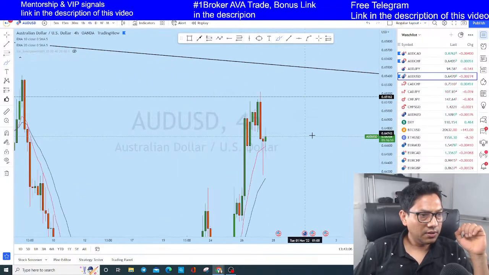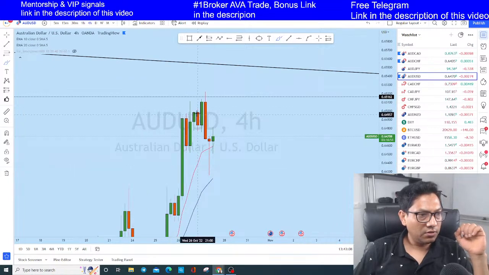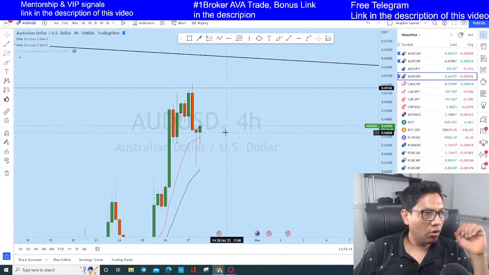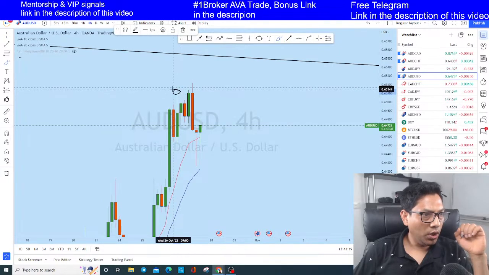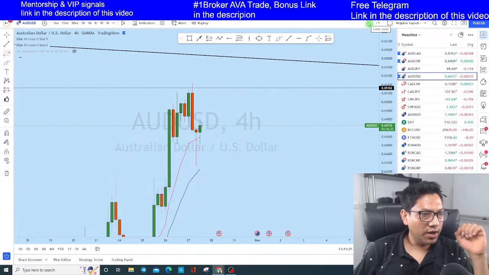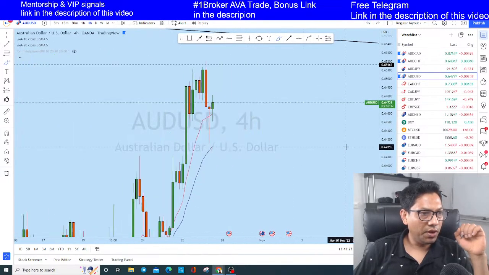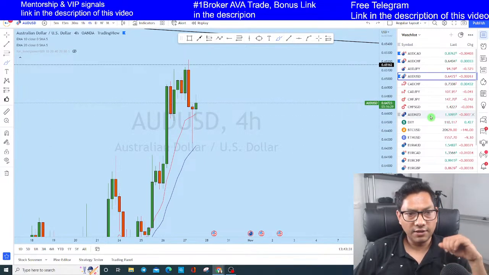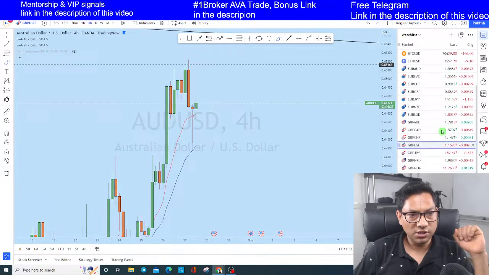It's possible that this price action comes down, or it is possible for this price to create a wing like that here, and then completing this head and shoulder and then coming back down. So look at how it is doing. But for me, AUDUSD is set for a drop, and I think it will drop in this direction.